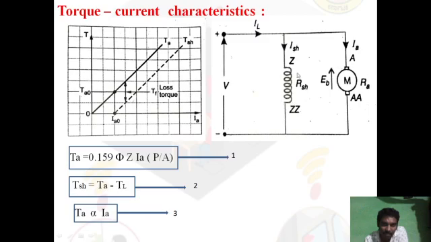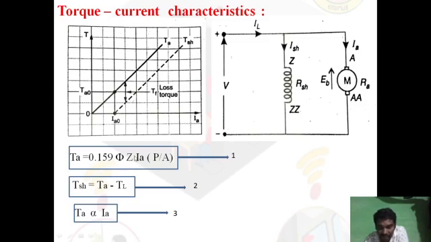Z is the number of armature conductors placed in the armature slots. In the outer periphery of the armature, slots are made and the conductors are placed in them, so the total number of conductors is represented by Z.